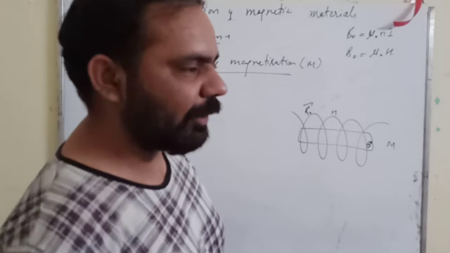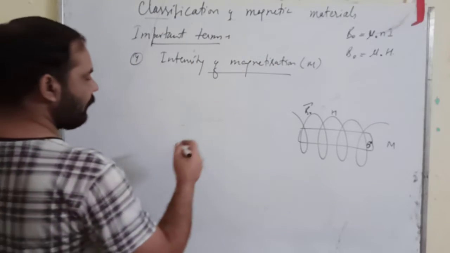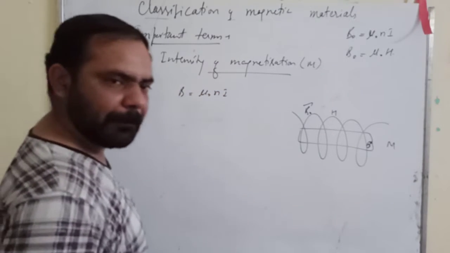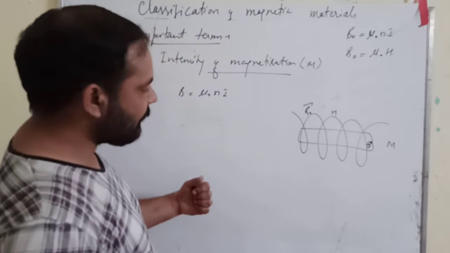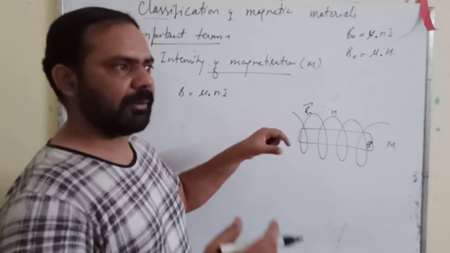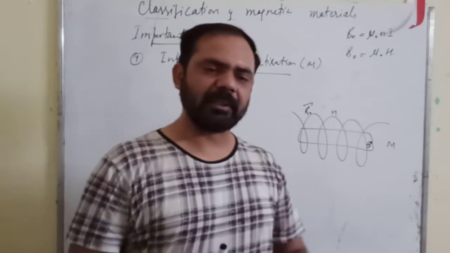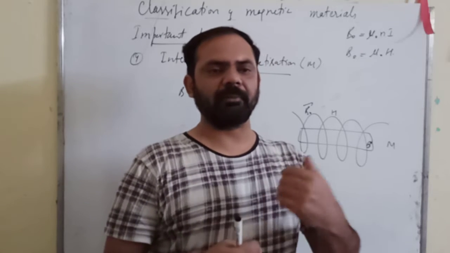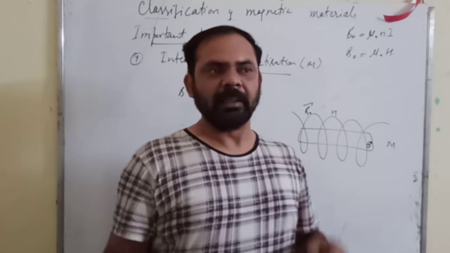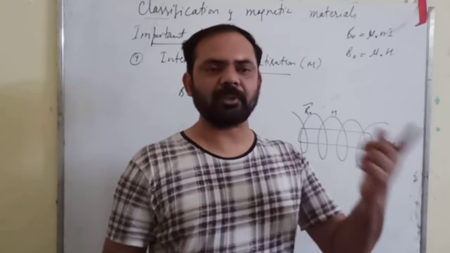Now how will you find this intensity of magnetization? We have B equals mu naught N i, right? We have already discussed earlier that current is the reason for the development of a magnetic field. Means if current is there, then magnetic field will be there. Similarly, if a magnetic field is present at some place, then you can say that current is also there.